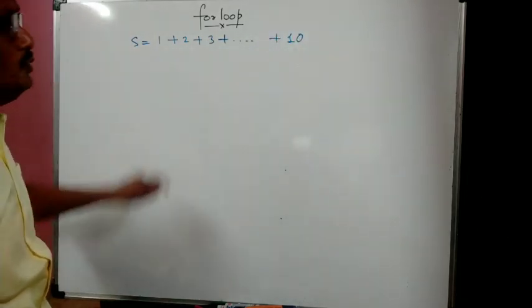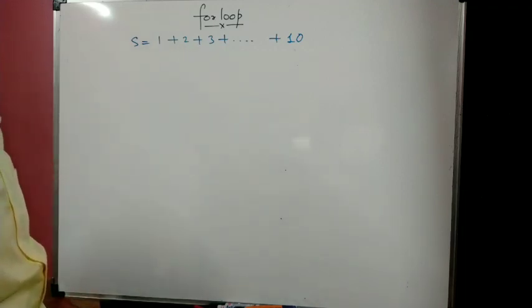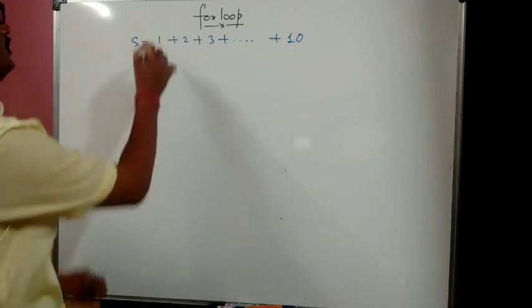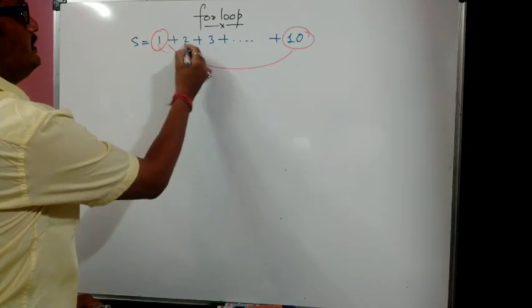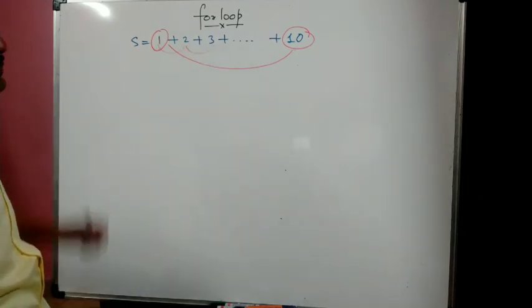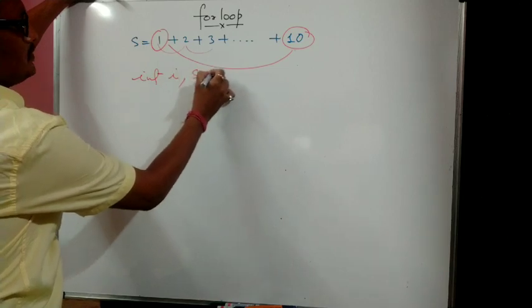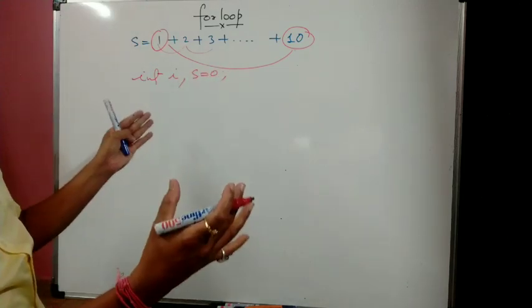And what you have to do is the addition of all the numbers, the first 10 natural numbers I mean. So the starting value is what? 1. Ending value is what? 10. What is the increment? Increment is 1.